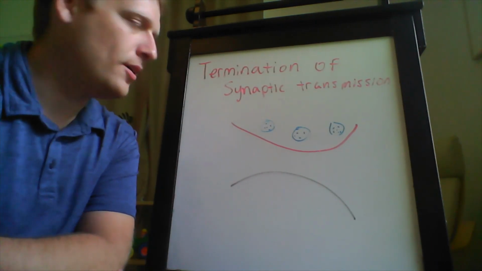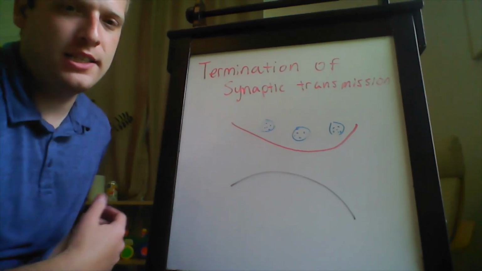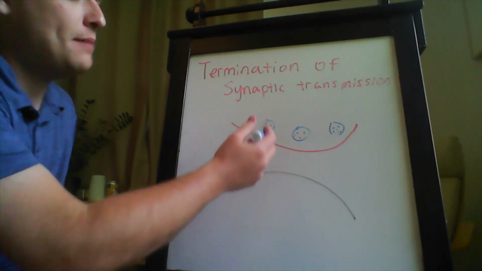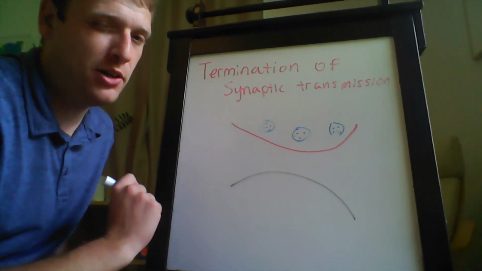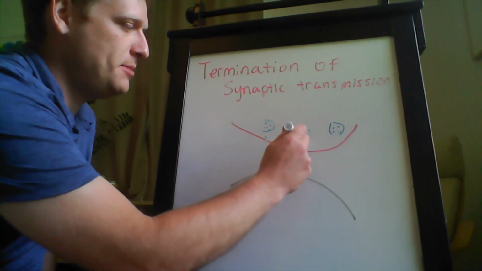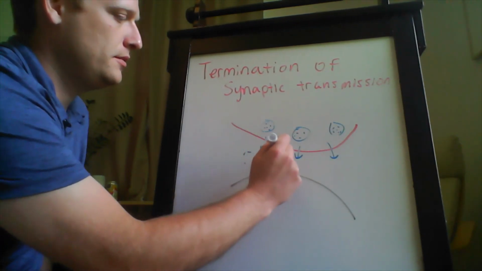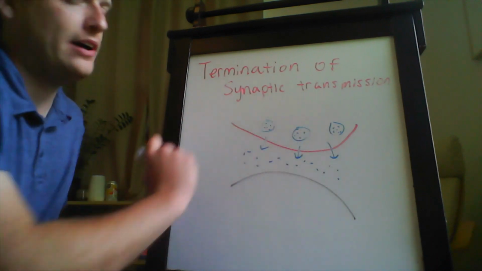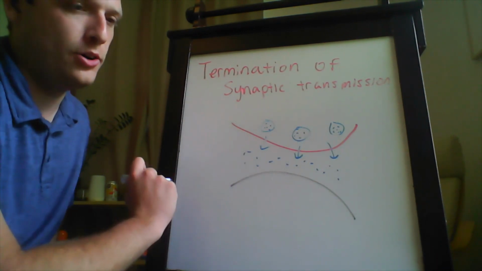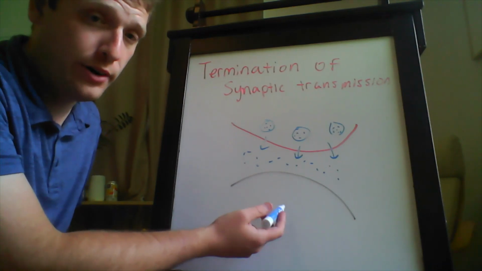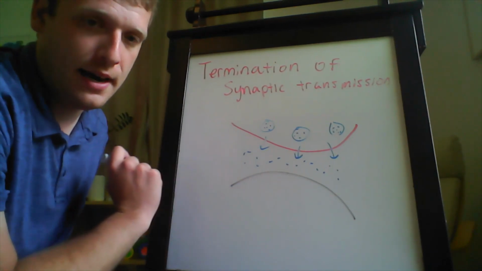Let's talk about now how synaptic transmission comes to an end. So, synaptic transmission is based, at least for the chemical synapse, on neurotransmitter release from the presynaptic neuron. So action potential happens, release of neurotransmitter, and that neurotransmitter exerts an effect, stimulatory or inhibitory, on the postsynaptic neuron.